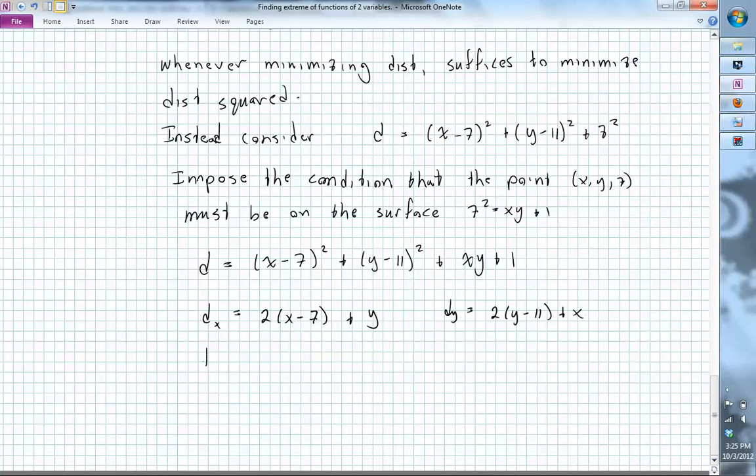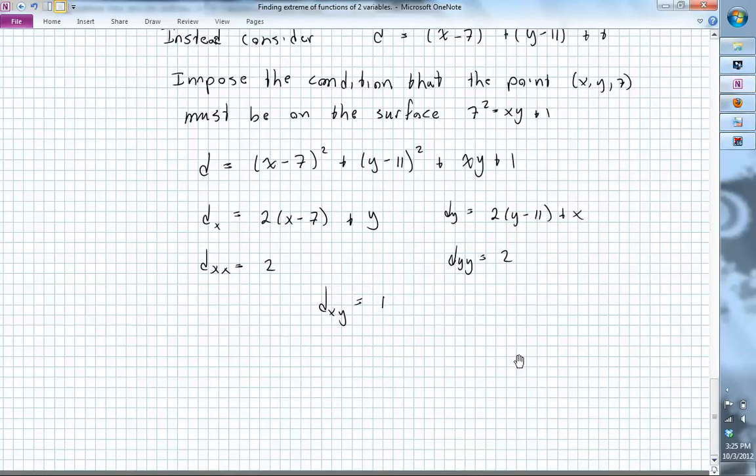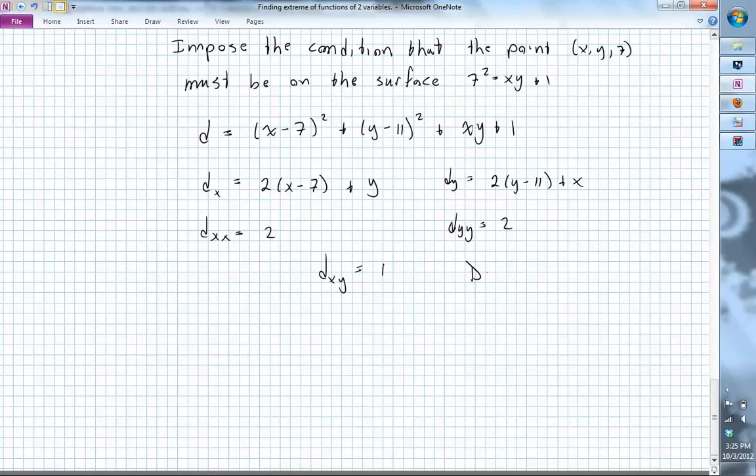And d sub xx is going to be 2. D sub yy is also going to be 2. And d sub xy is going to be 1. So the discriminant's pretty easy here. It's a constant. D xx times d yy minus d xy squared, that's going to be 3. We'll use that later.